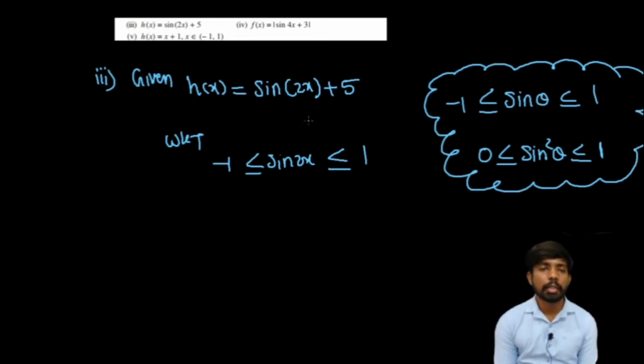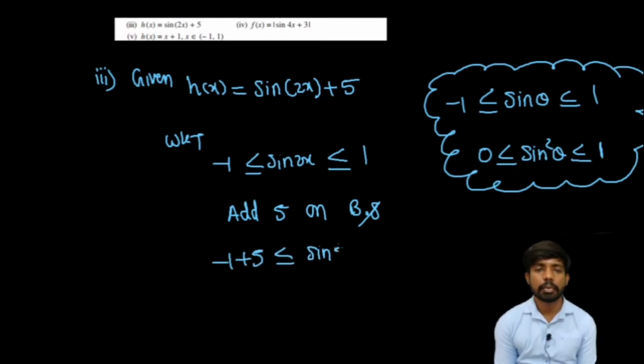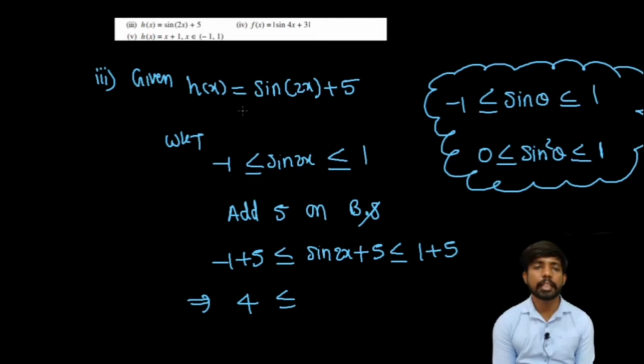Now we have plus 5 in the function, right? Add 5 on both sides. So minus 1 plus 5 is less than sine 2x plus 5, which is less than 1 plus 5. Minus 1 plus 5 is 4, and sine 2x plus 5 is actually h of x, the function. 1 plus 5 is 6.